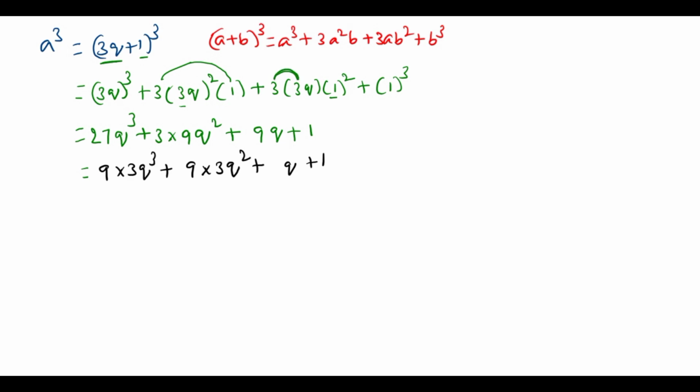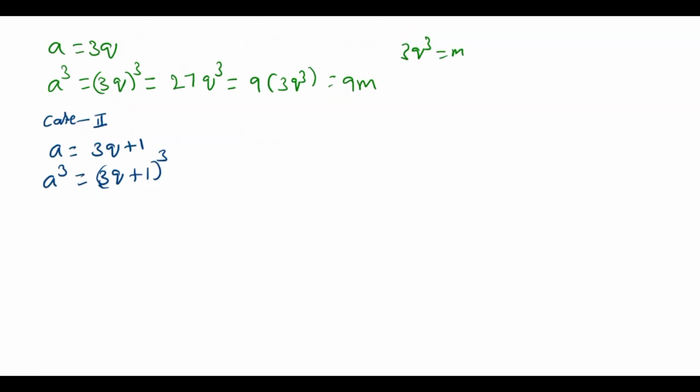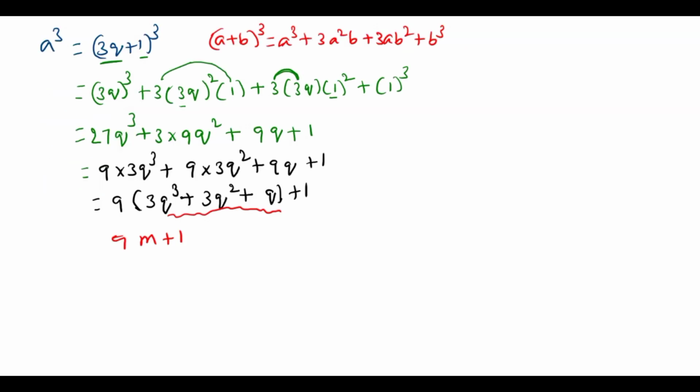So take 9 common from this, then we have 3q cube plus 3q square plus q, and if I take 9 common, we get only 1 in the last term. So if you consider this completely as m, then this is in the form of 9m plus 1, okay. So previous case we have taken 3q, and this case we have taken 3q plus 1.